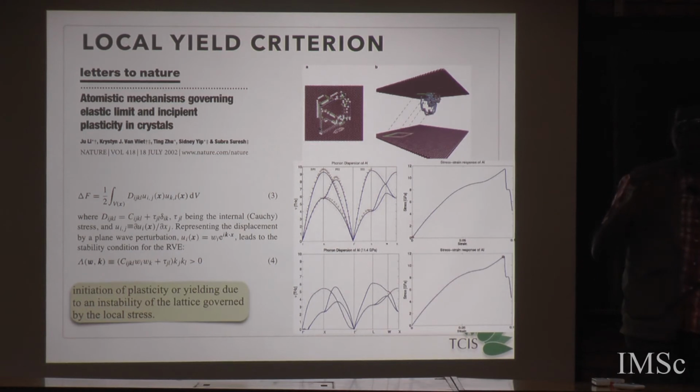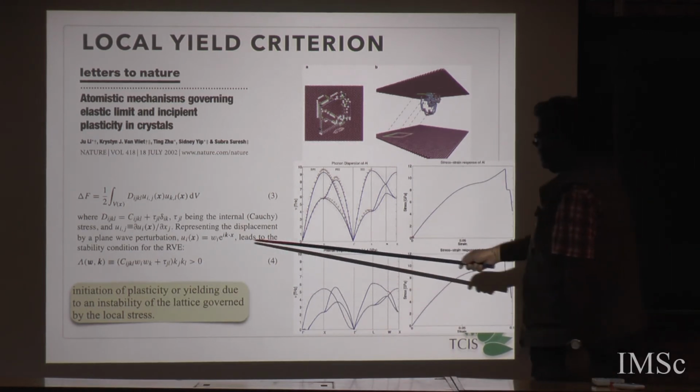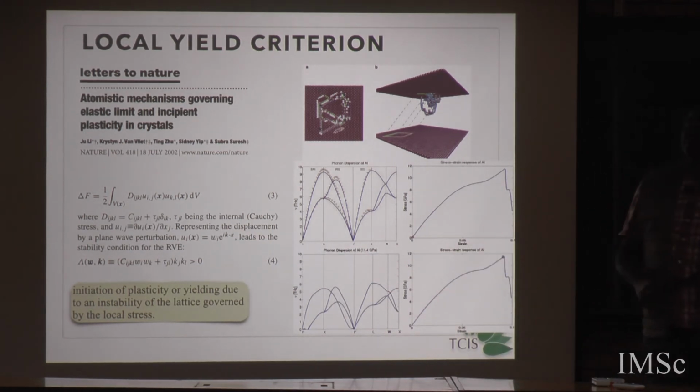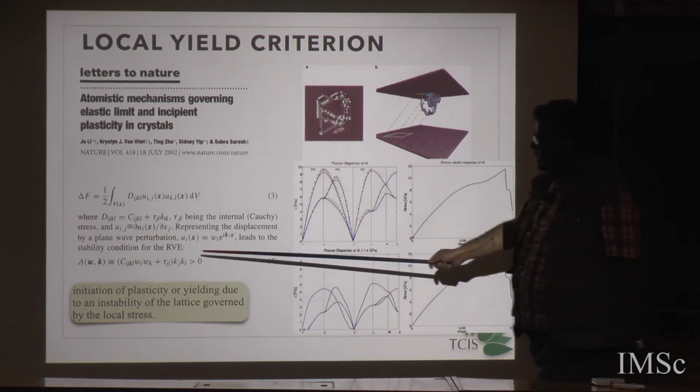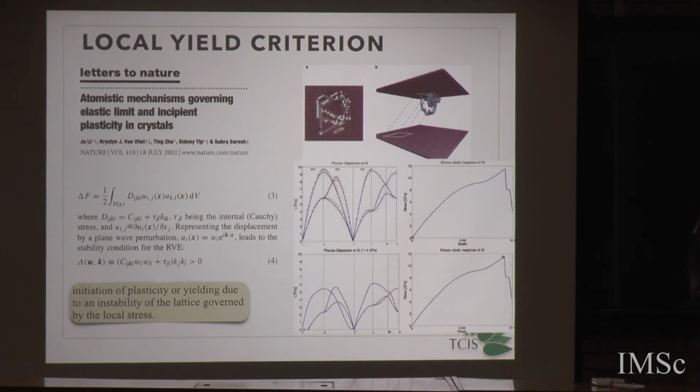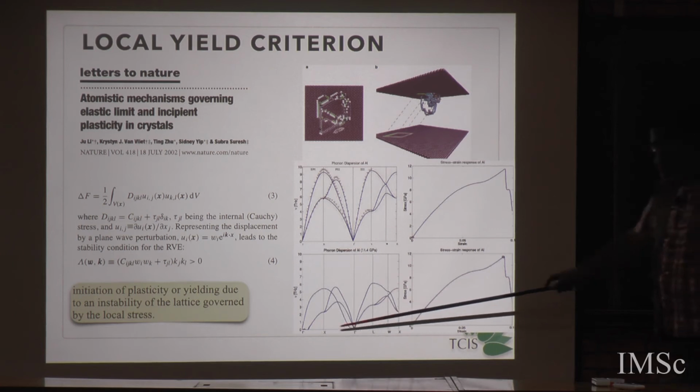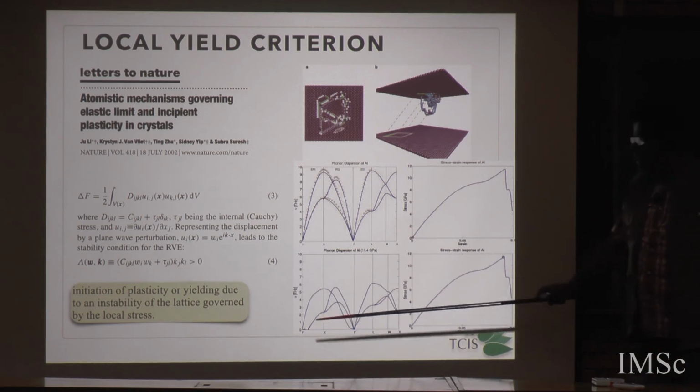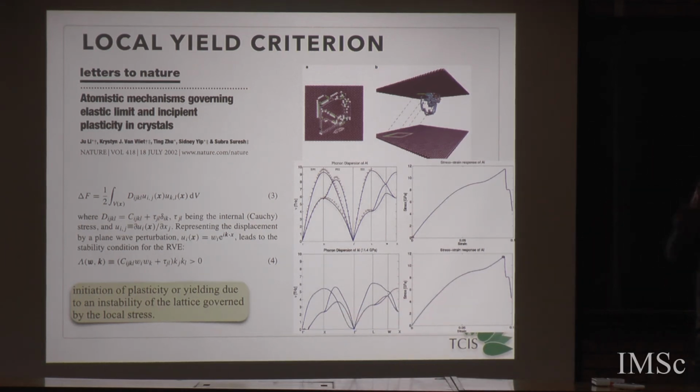So what is the displacement field at that point? Okay, and finally you can develop a criterion, and this criterion will be based on the phonon dispersion curves. These are inputs, and basically it looks at local phonon dispersion curves and finds out whether there are phonon modes which are unstable.